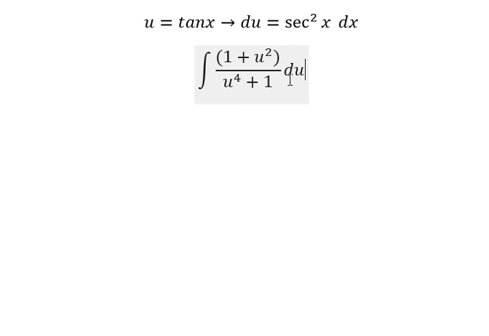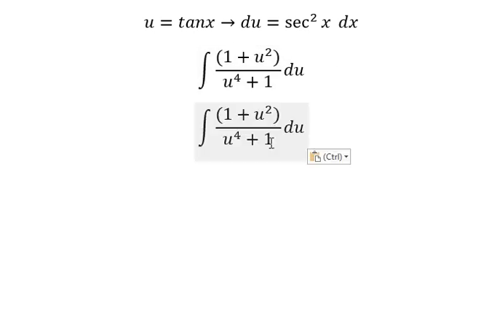Next, we need to do factorization of this one, and we have like this.